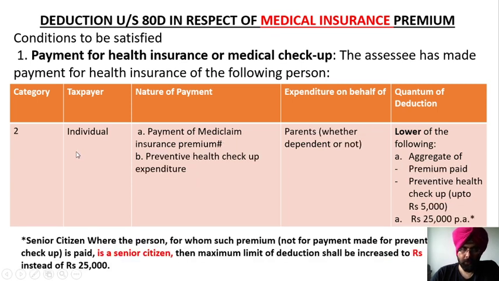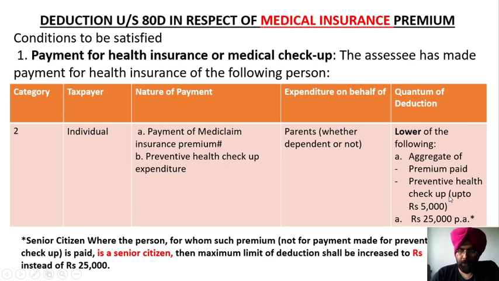Second case: if the individual makes the payment of medical insurance premium for his parents, whether they are dependent on him or not, the deduction available is the lower of the aggregate of the premium paid and preventive health checkup, or 25,000. But if the parents are senior citizens, that is, they are of age 60 years or more at any point of time, then this 25,000 will become 50,000, and a maximum deduction of up to 50,000 can be claimed for parents if the medical insurance premium is paid for them.